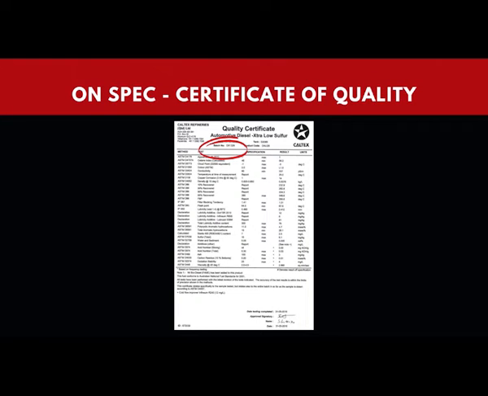If all the test results are okay, that particular batch of tank is known as on-spec material, and the laboratory gives a quality control certificate of quality. This certificate of quality will have a batch number, and based on that the transfer of products can be effected. In case of any problem at the consumer end, this particular batch can always be referred to with the help of the batch number.